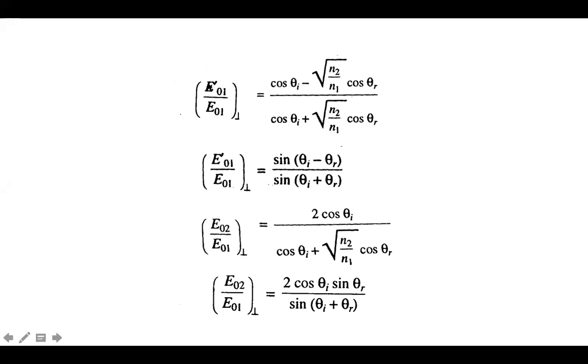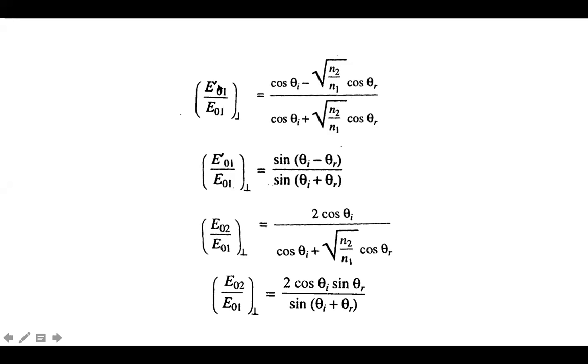Here you can see the equations. The first equation: this is E01, which represents the maximum value for the incident wave. And this ratio is the perpendicular component for the reflected wave.